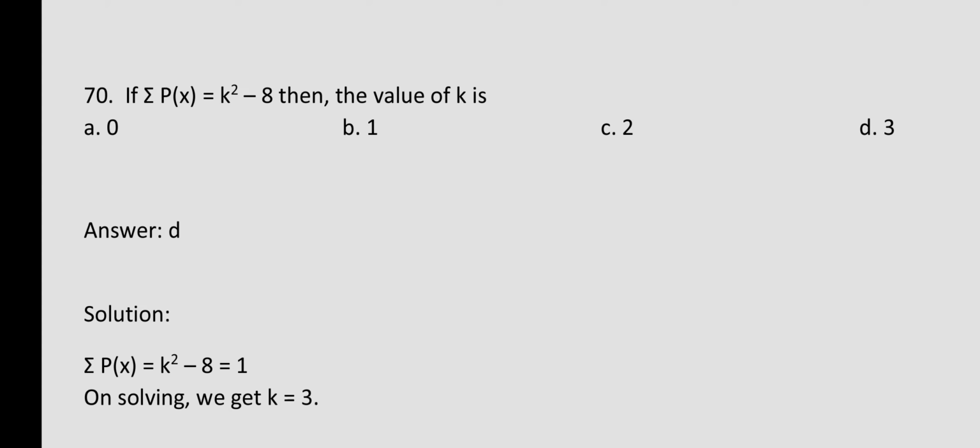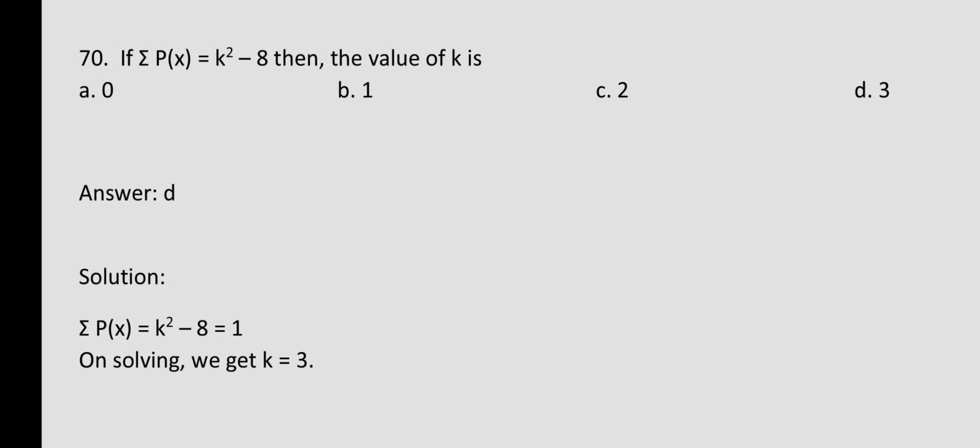Number 70, if sigma of p of x is equal to k squared minus 8, then the value of k is blank. Sagot dyan ay letter D, 3.